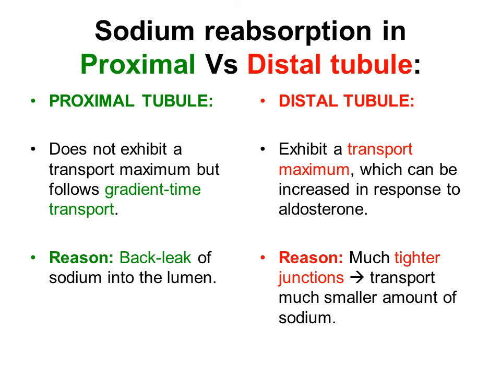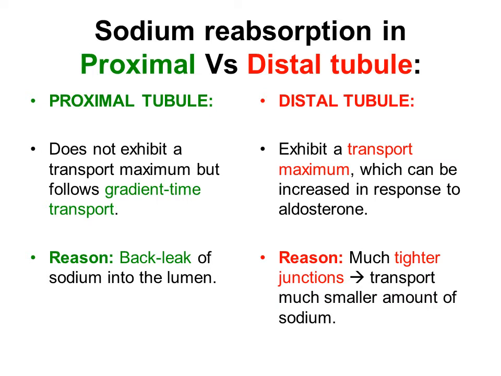Sodium reabsorption in proximal tubule versus distal tubule. We have already seen that in the proximal tubule, sodium reabsorption does not exhibit a transport maximum but follows gradient time transport because of back leak of sodium into the lumen.